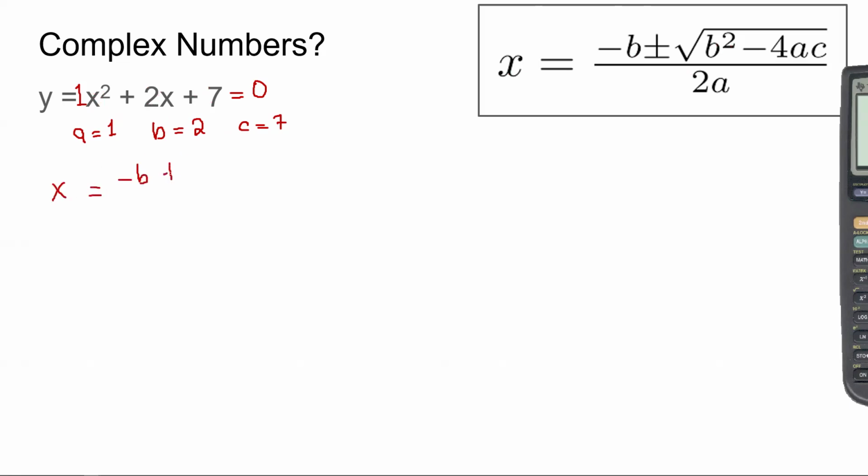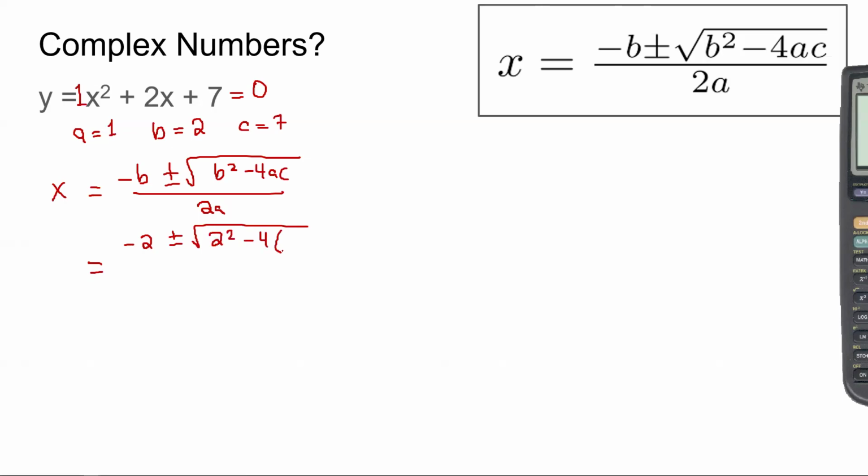I'm going to copy it over because you know me, every time I copy it, it wedges itself a little bit deeper in my head, but then I can also see what I'm doing here. I need a negative b. B is positive 2, so negative b would be negative 2 plus or minus the square root. B is 2, so when I square that, it'd be 2 squared minus 4 times a times c.